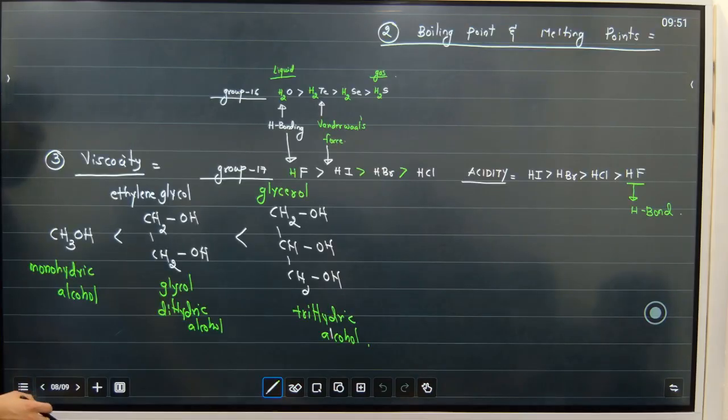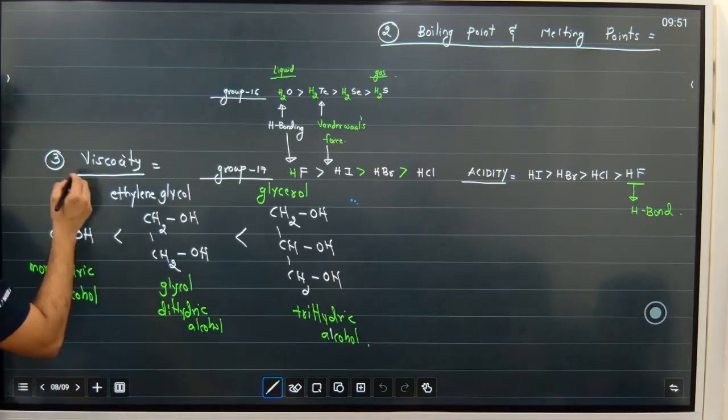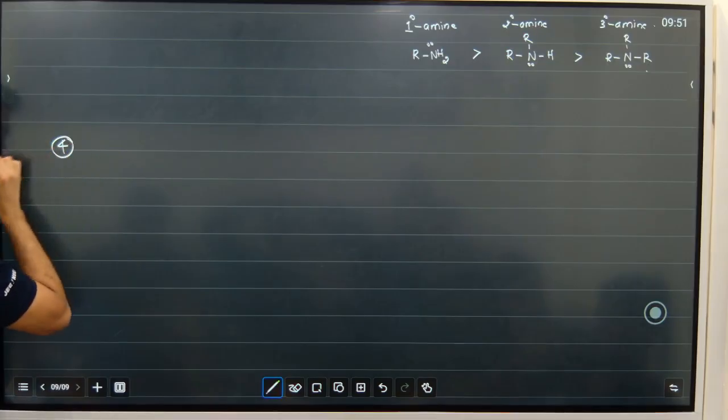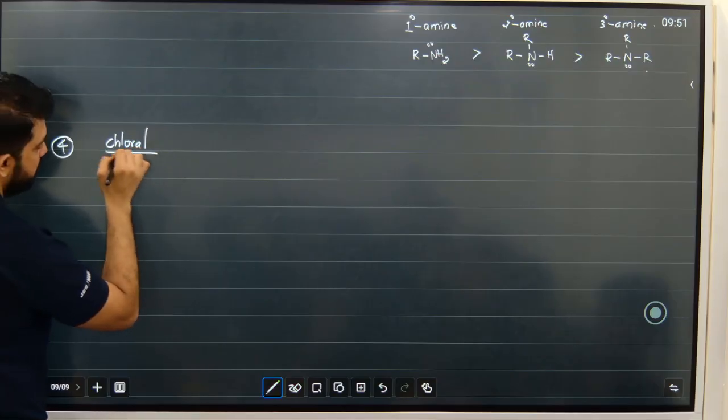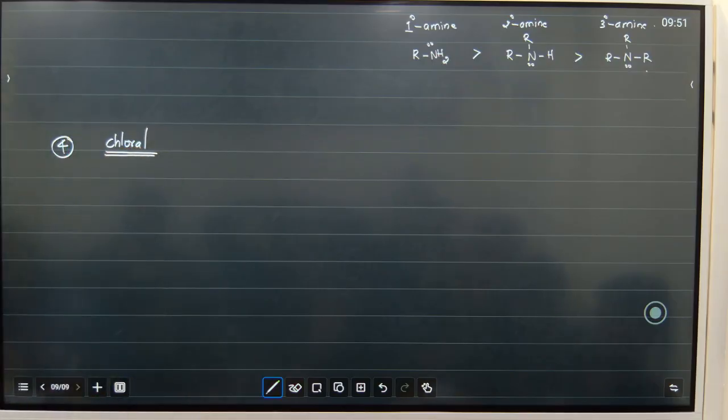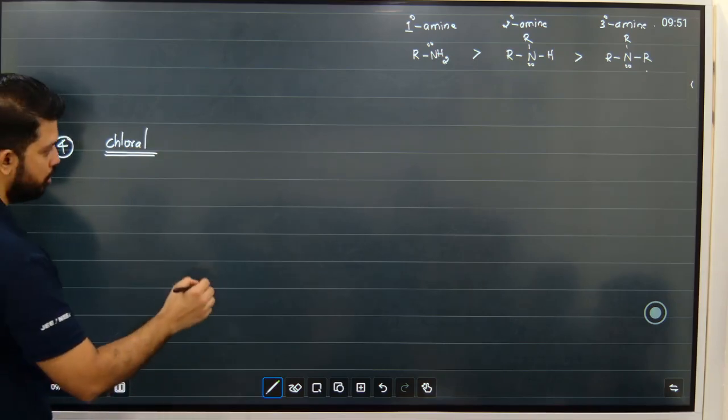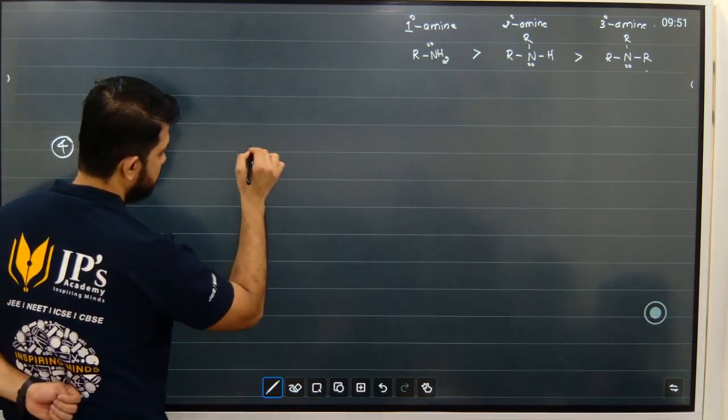This was point number 3. Next we have a very particular molecule. The name of the molecule is called as chloral. Chloral का structure कुछ ऐसा है people.